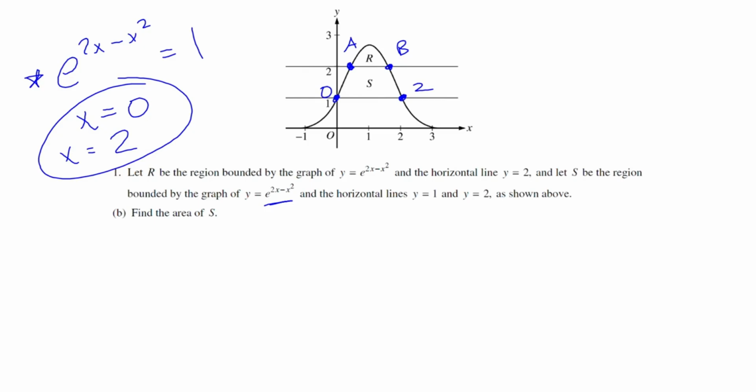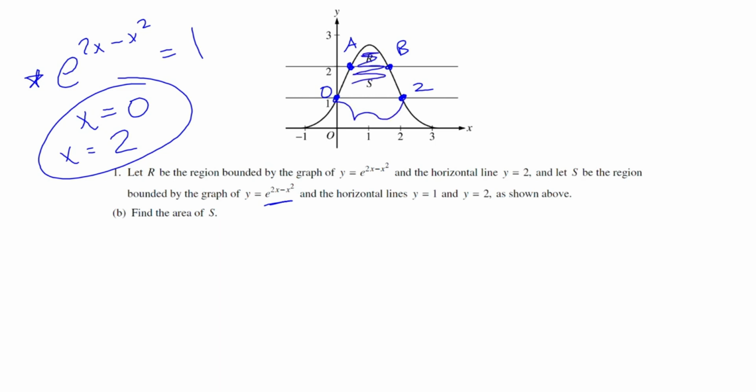And now we have to break this down into a couple of different little integrals, or we can just do the area from 0 to 2, right?